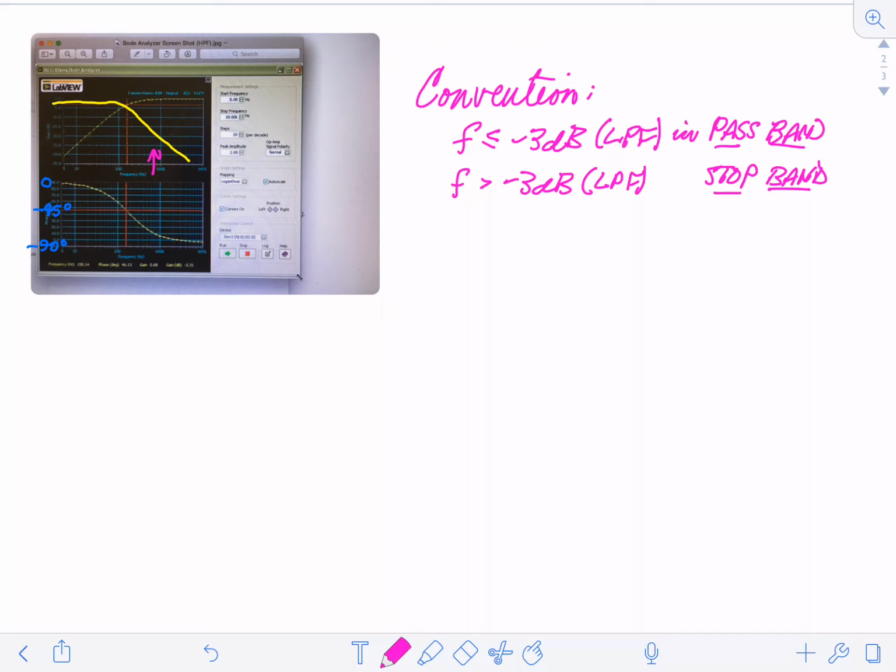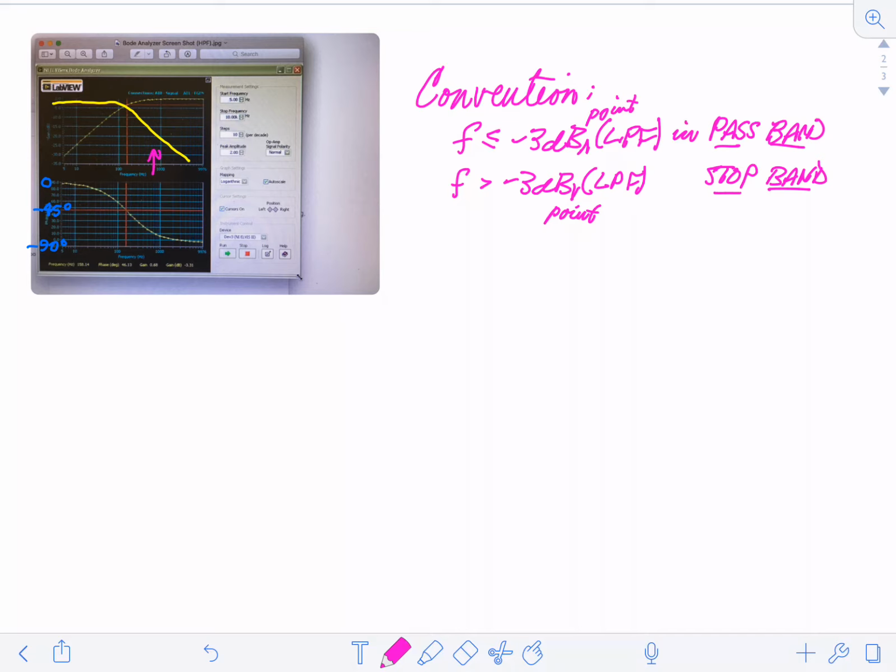They are attenuating the signal, the frequencies that are higher than the 3 dB point, and I should write here that this is a 3 dB point. It is the point where the gain is at minus 3 dB. It is the frequency at which the gain is at minus 3 dB. So that's what I'm talking about here.